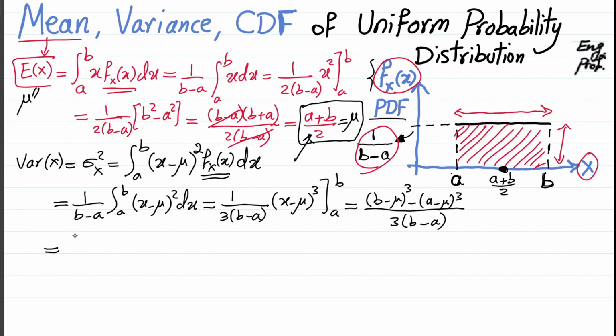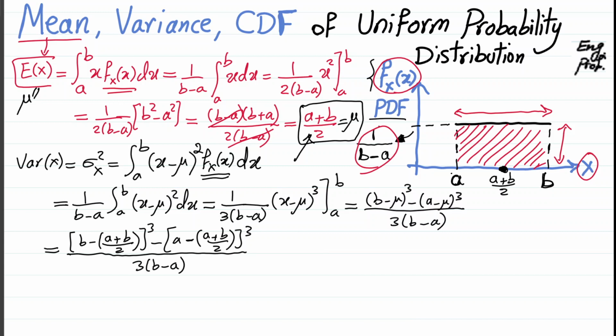So it becomes b minus a plus b divided by 2, cubed, minus a minus a plus b divided by 2, cubed, the whole thing divided by 3 times b minus a.